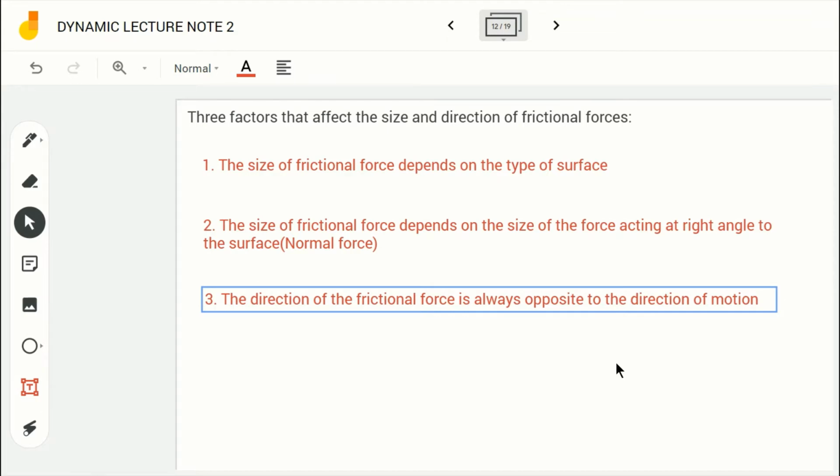The first is the type of surface. The second is the force acting at right angle to the surface, which is called the normal force. And third is that the direction of the frictional force is always opposite to the direction of motion.